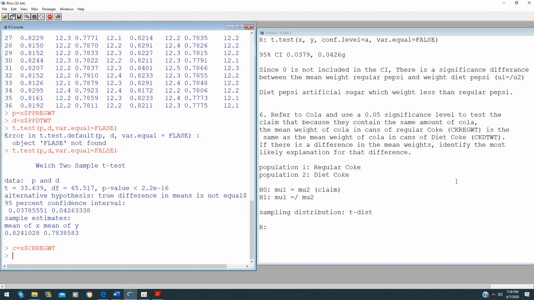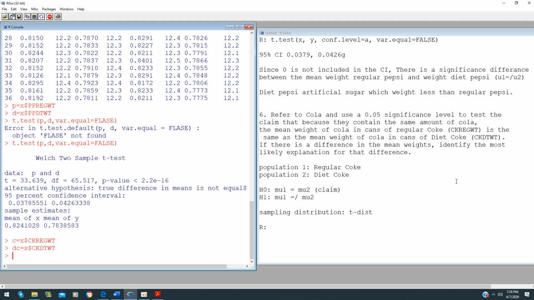For Diet Coke, I'm going to use DC, because D was used just now for the Diet Pepsi. So I have to type a little bit more, which is fine. CKDTWT. This is just for the Diet Coca-Cola weight. In order for us to do that, we will use the t-test.